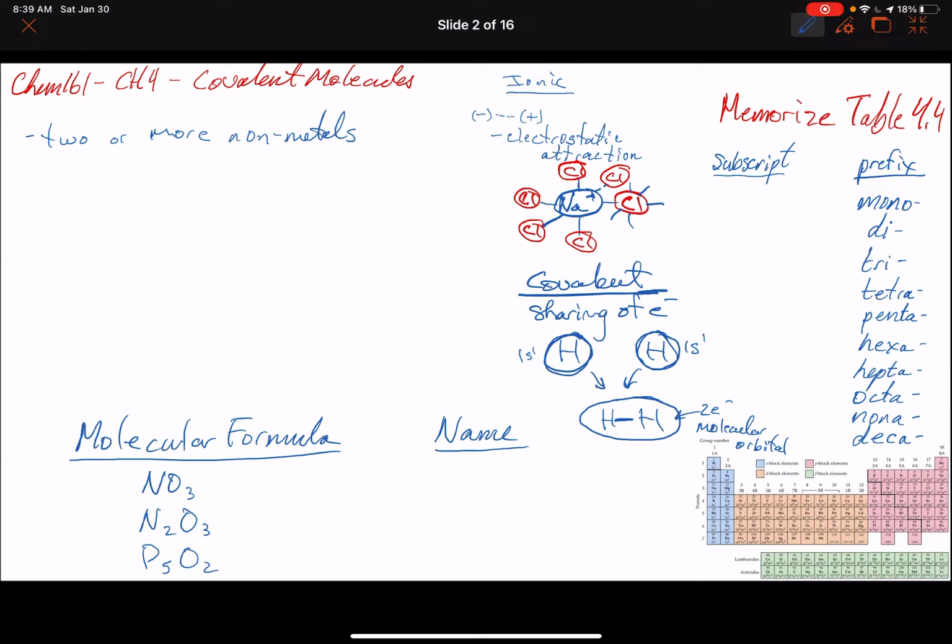But for naming, we'll be responsible for only covalent compounds that have two nonmetals. Recall your periodic table and our metalloid staircase boundary; nonmetals are to the right of that. So you've got to turn to the periodic table to help you recognize a covalent compound from an ionic compound, and this is vital not only to picking the right compound name, ionic versus covalent, but also to applying the correct naming rules.